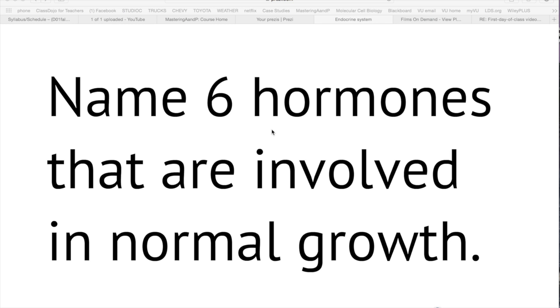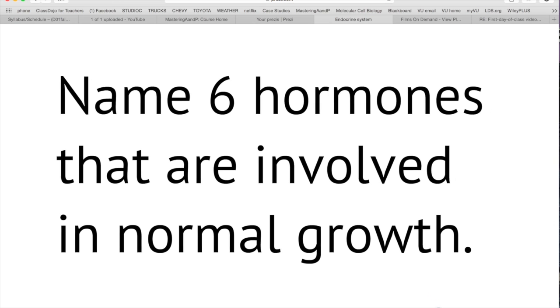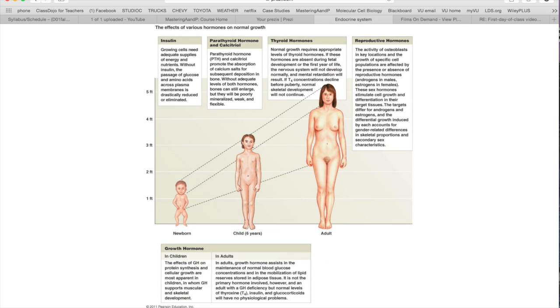Okay, next question is name 6 hormones that are involved in normal growth. This figure shows those hormones. The first one is growth hormone. It kind of starts the process. But in order for normal growth to happen, we need several other hormones.